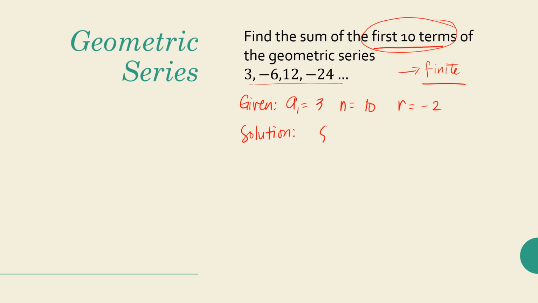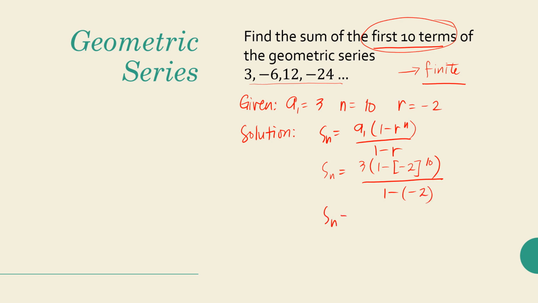S sub n is equal to a sub 1 times 1 minus r raised to n over 1 minus r. So this will become S sub n is equal to a sub 1, which is 3, times 1 minus r, which is -2, raised to the value of n, which is 10, over 1 minus -2.